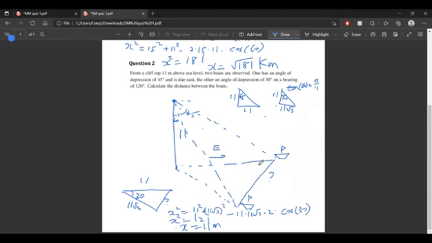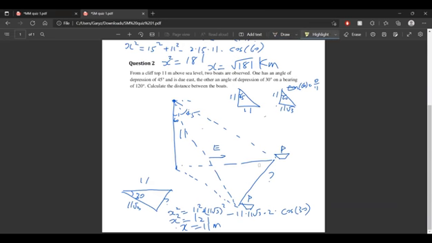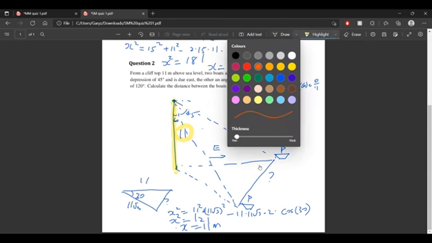The second question really tests my drawing skills. This diagram might look a bit complicated for now, but let me simplify it. We're looking from a cliff top of 11 meters, so this is the height of the cliff. This 11 indicates the cliff is 11 meters tall.